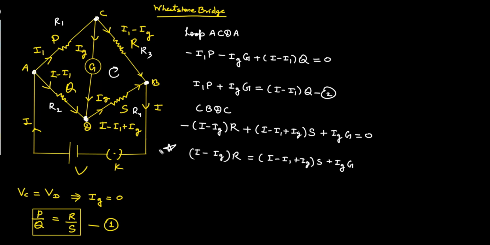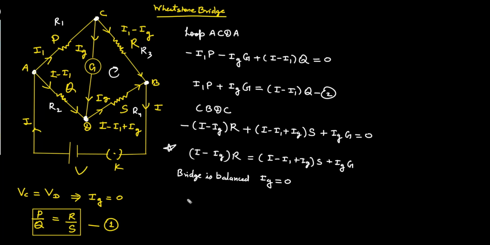Now over here, if I say this bridge is balanced, in that situation the value of Ig will be 0.